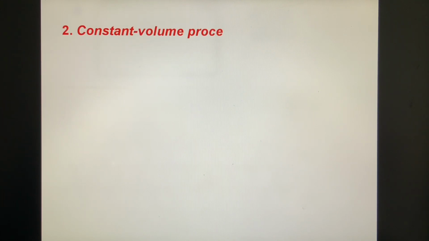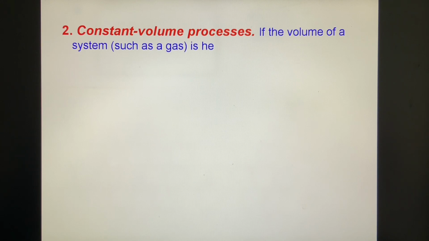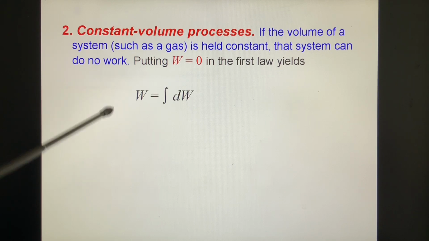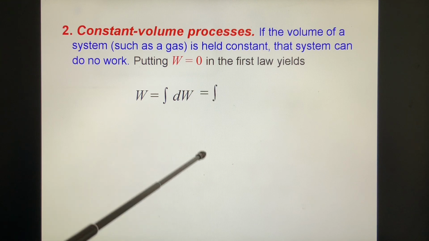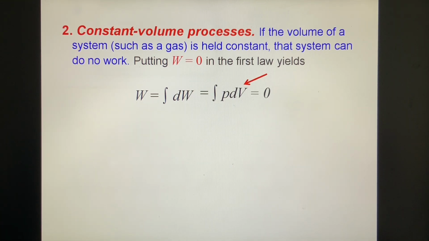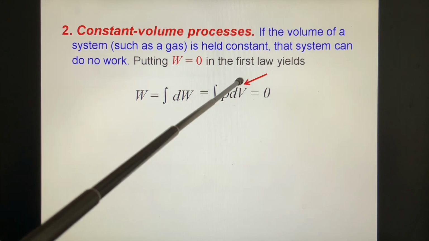Two, constant volume processes. If the volume of a system, such as a gas, is held constant, that system can do no work. Putting W equal to 0 in the first law yields W equals ∫dW equals ∫PdV equals 0. Why? Because at constant volume, the volume does not change.